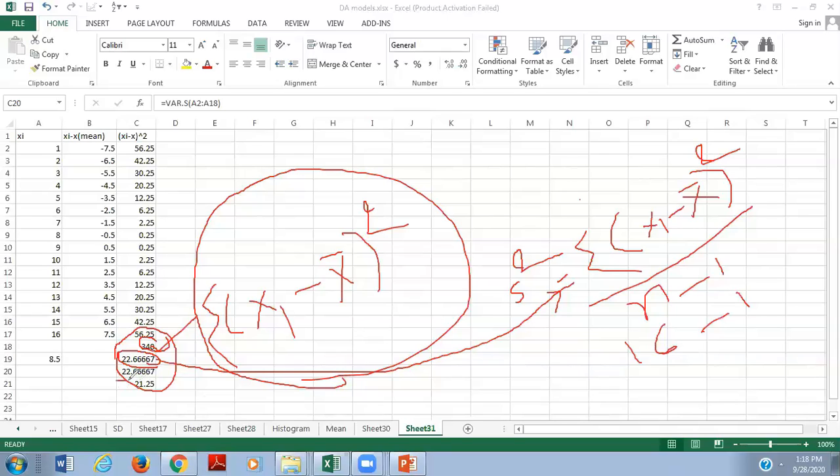And this value we calculated through Excel, that is for sample, and this is for population, this one 21.25.